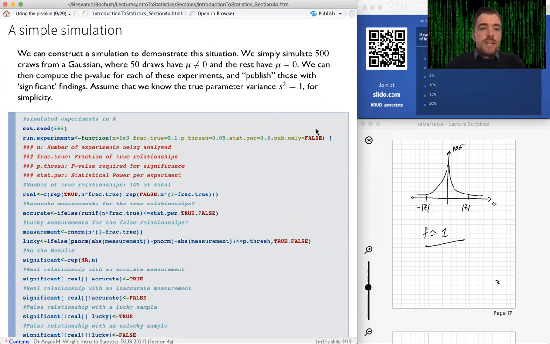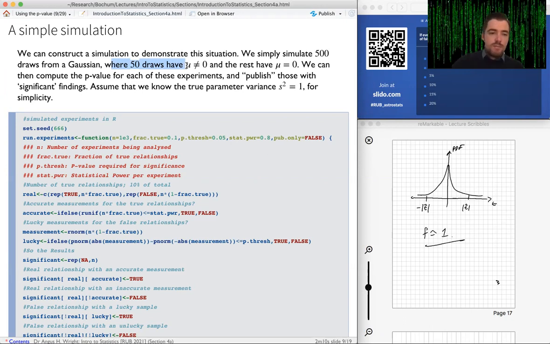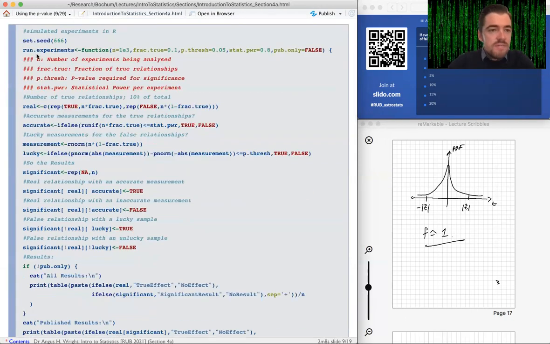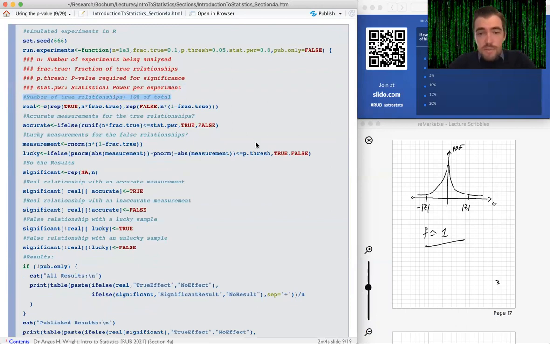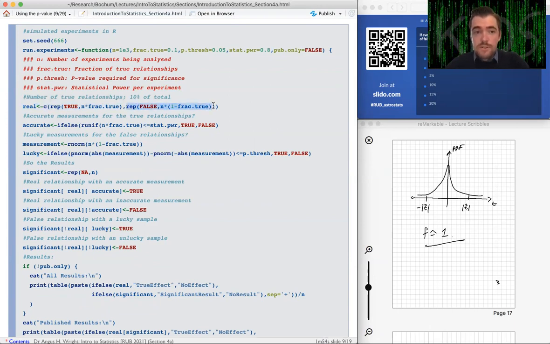So let's do it in pseudocode. We say that 10% of relationships in the analysis are real relationships. They have a real underlying effect. And the other 90% are false relationships.